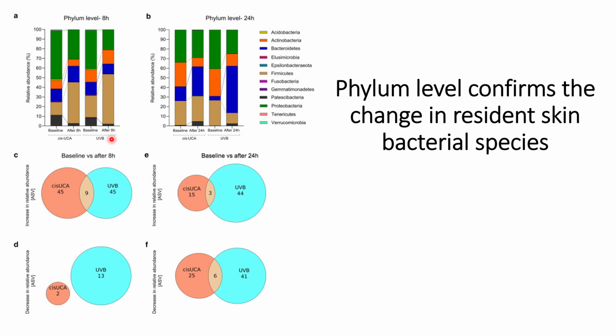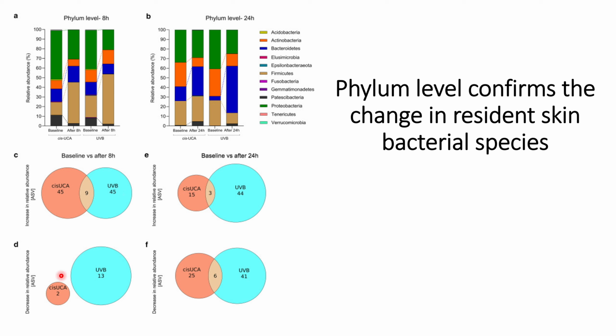The mice that underwent UVB exposure have also shown an increase in firmicutes, and there is a relative decrease in the proteobacteria. And when they check what taxonomies are upregulated in cis-UCA and UVB, they see that around 54 of these taxonomies are upregulated, out of which 9 are common in cis-UCA and UVB.